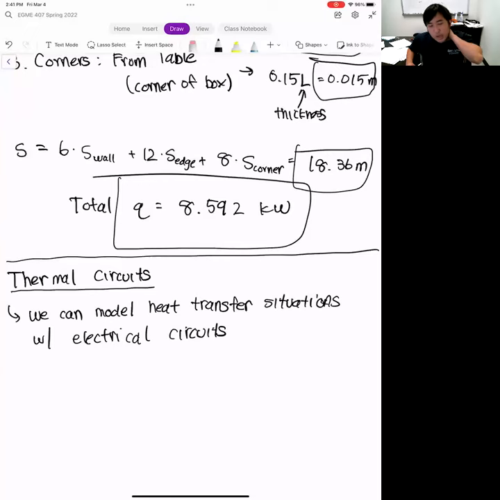We use resistors to represent certain heat transfer situations. The idea of a thermal resistance is that whenever you have any material or fluid or anything that can impede heat transfer, we can represent that intuitively with a resistance.